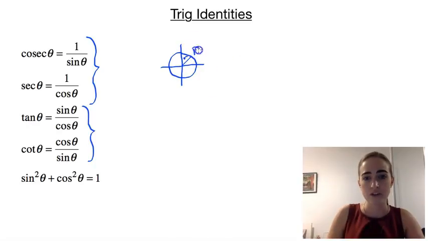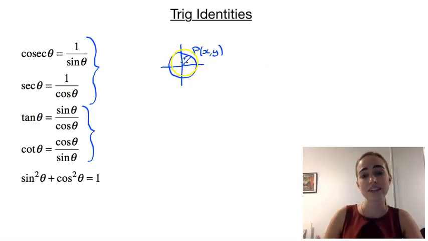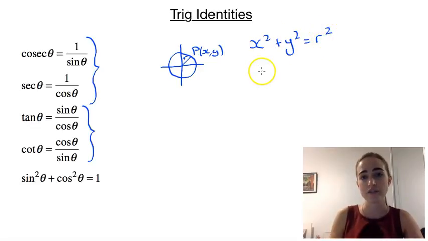If we've got a point on the circumference of that circle with coordinates x, y, and that circle is centered at the origin, we know that any point on that circle will satisfy the equation x squared plus y squared is equal to r squared, because that's the equation of a circle with radius r centered at the origin.